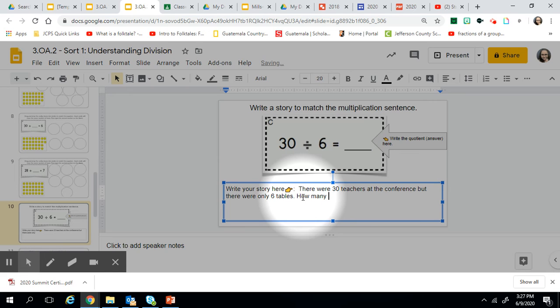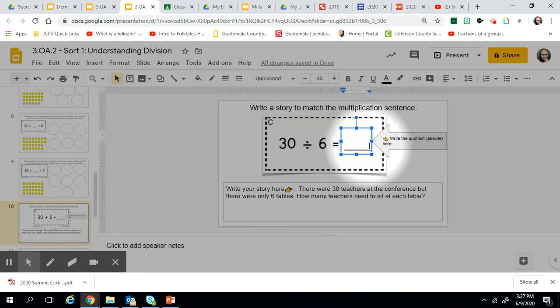How many teachers need to sit at each table? Okay, and then you would solve it and then write the answer here.